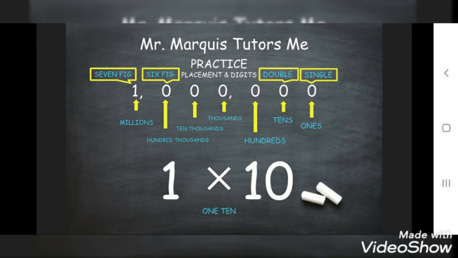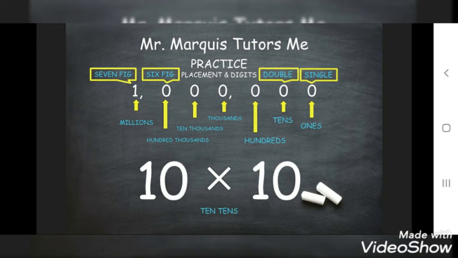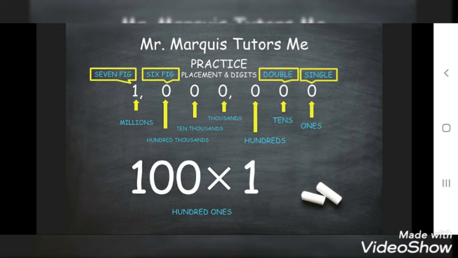So 10 times 10, I can say that I have 10 tens, or I can say that I have 100, because 10 plus 10 plus 10. So we take 10 of those 10s, write them down 10 times, add them all up, and it'll bring you back to 100. You can have 100 ones. You can have one $100 bill.